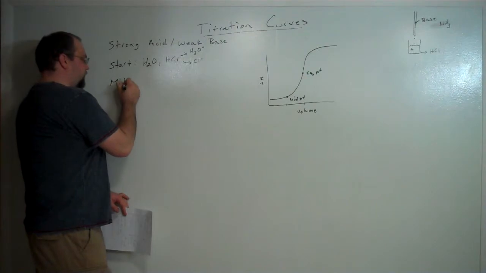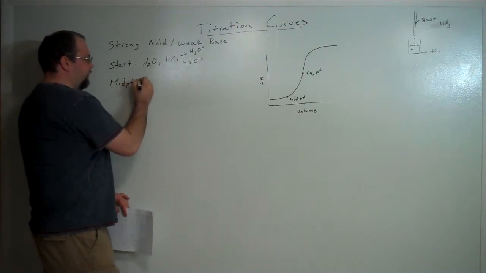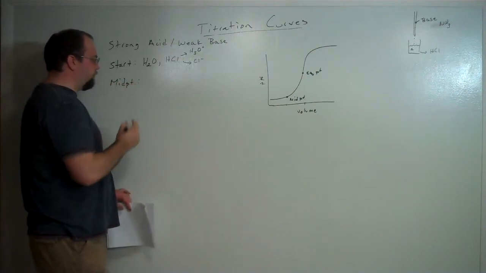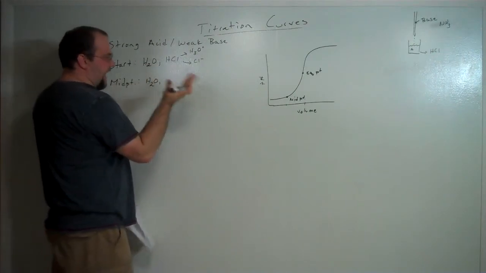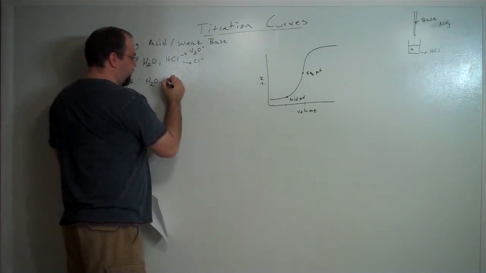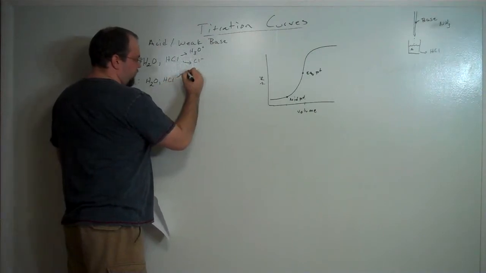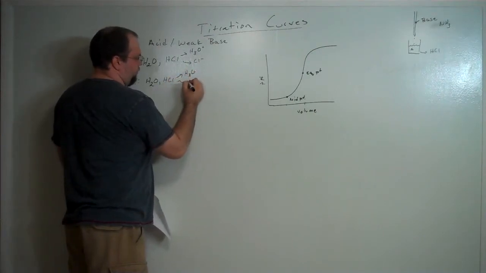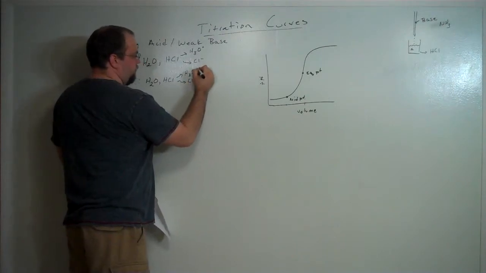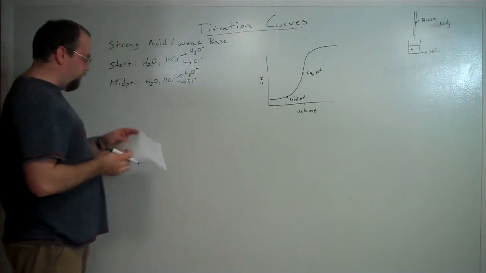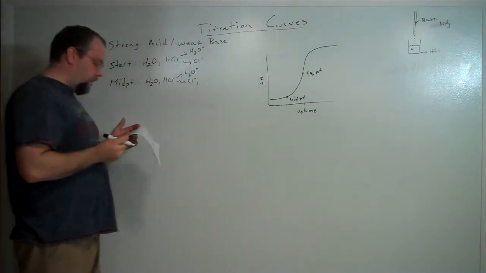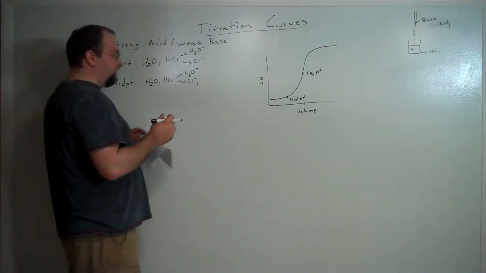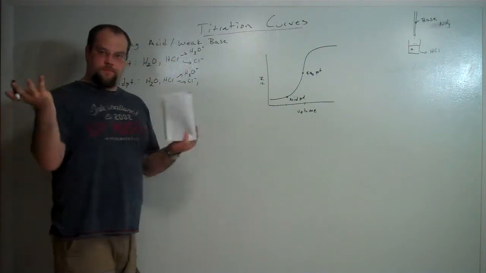At my midpoint, which is sometimes called the halfway to equivalence point, I still have my water. I still have acid, I still have my HCl, which we know is a lie. But I also have some of the reacted base.